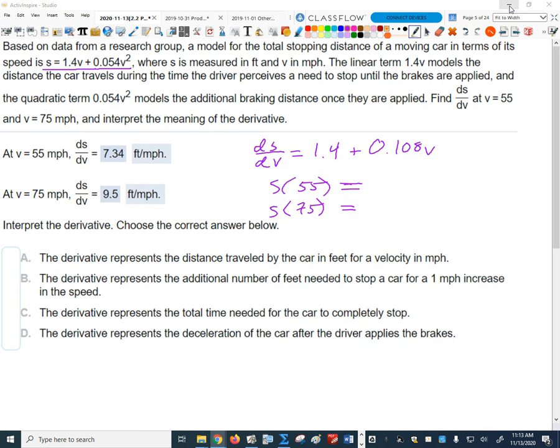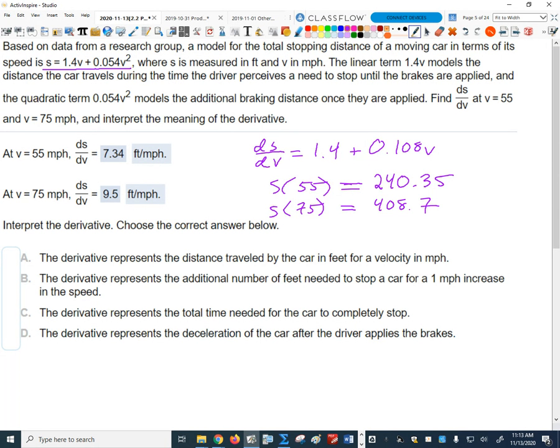Okay, so 240.35 for the first one. How about the second one? And for 75, it's 408.7.